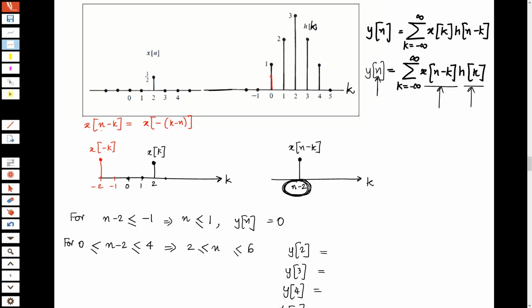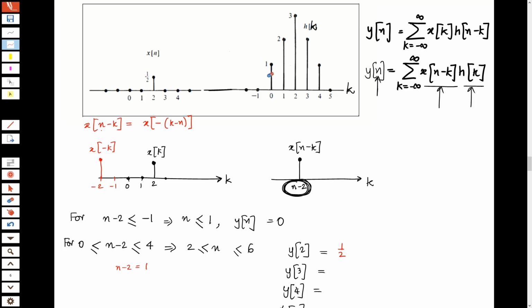Rather here, its value is half. So what would be y2? x of n minus k, which is half, multiplied with this whole signal. But you notice everywhere else x of n minus 2 is 0. So this is just half into 1, half. You will get y3 when n minus 2 is equal to 1.